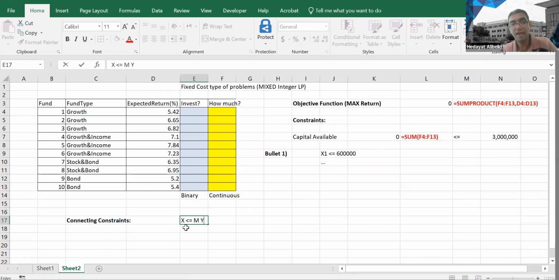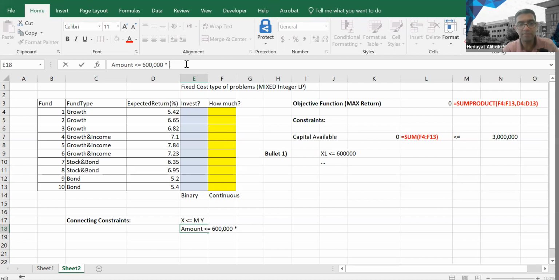So in this case, the amount should be less than or equal to a maximum value that each one of these can be. We just said it here in bullet 1, 600,000 is the maximum, times Y. Y is invest or not.